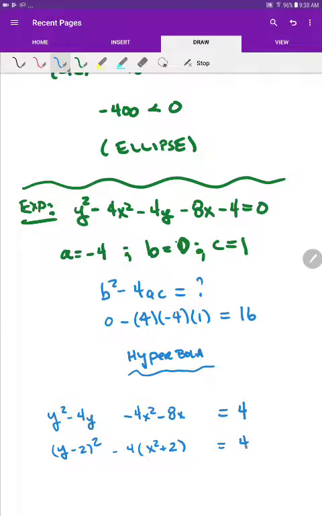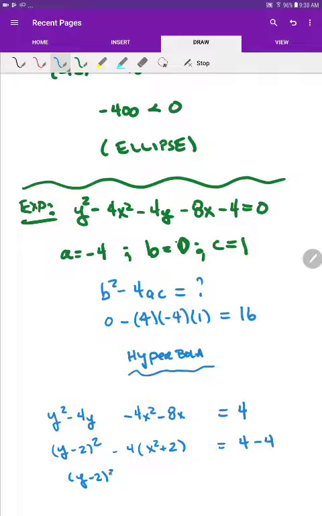This equals 4, but since I have added 4 over here, I have to subtract 4 here. And it looks like I'm running out of time, so I'm not going to finish this, but you can finish the rest of this and complete the square. Well, actually, I'm almost done.